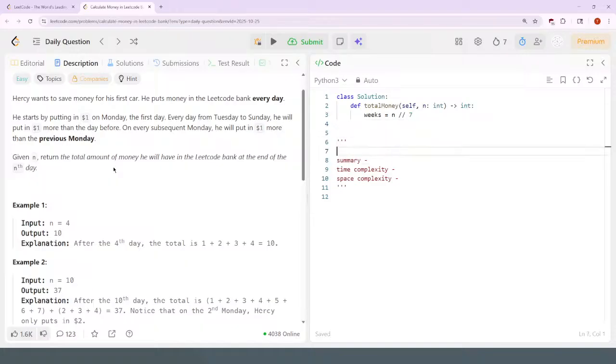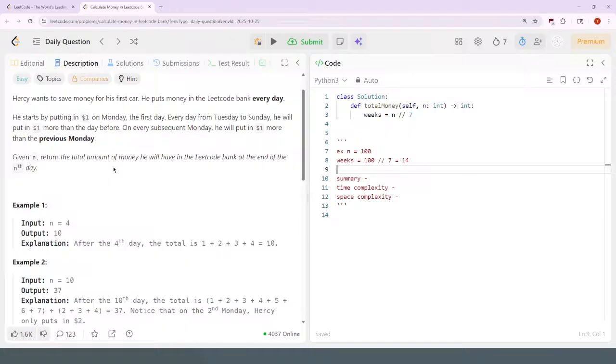So let's say I'm going to do an example where n is 100. The weeks would be 100 divided by 7, which is 14, I want to say, 14 and change. 7 times 14 is 98.